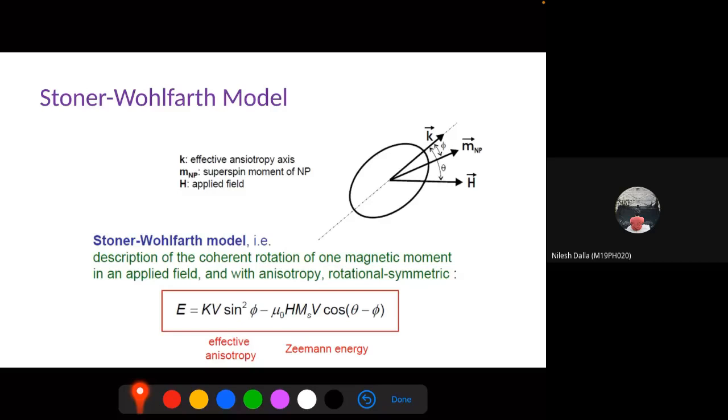If the magnetic field is high, the magnetization will prefer to lie along the field direction, meaning the angle phi will increase more and more. Of course it will increase the anisotropy energy, but then there is a balance, and whichever wins decides whether the magnetization will be along the K axis, along the H axis, or in between, in some resultant direction.